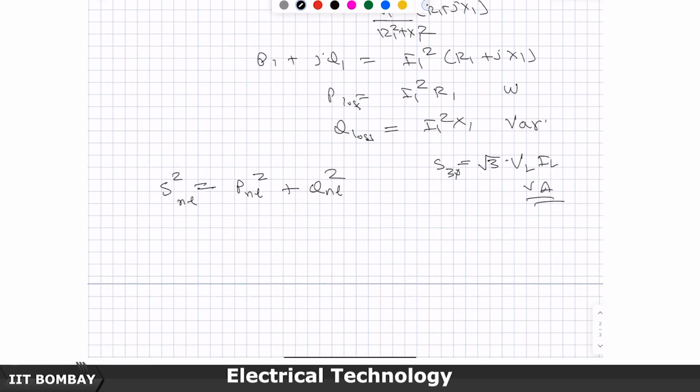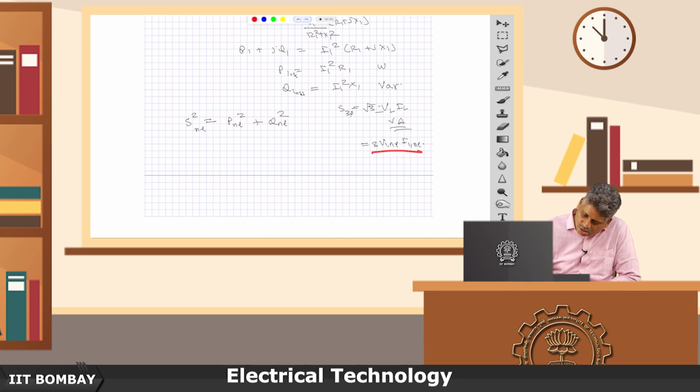Either you do it as 3 V1 NL times I line NL, if you have taken the line to neutral voltage and measured the line current, or, if you have measured line to line voltage and line current, you calculate it like this.